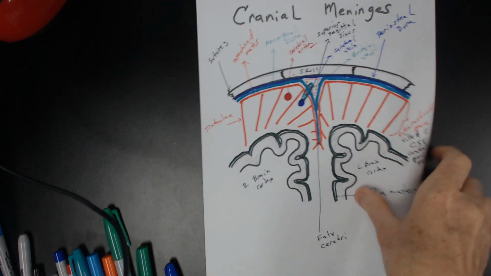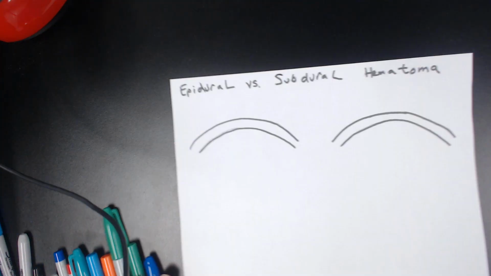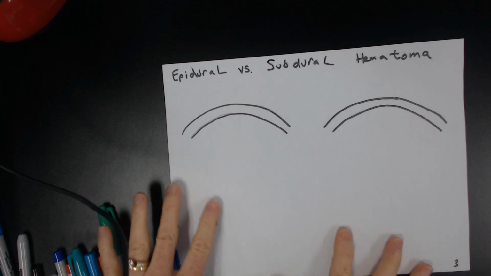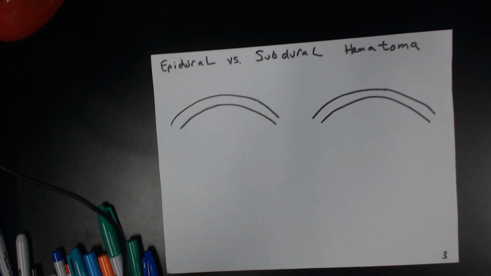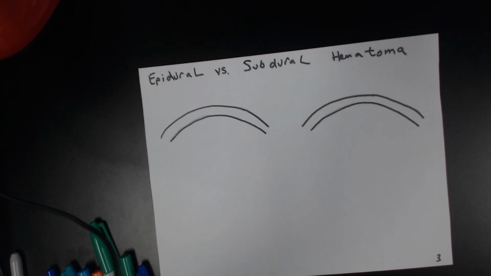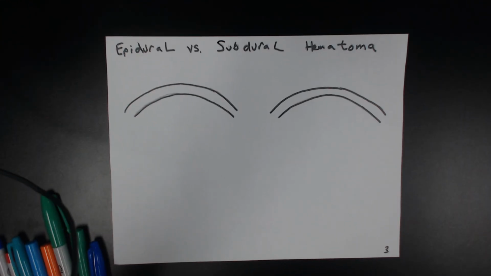So this is the cranial meninges. Now, I want to draw these in detail. And I like to put them on the same page so I can compare and contrast, and you'll have a better feel for what these things are.